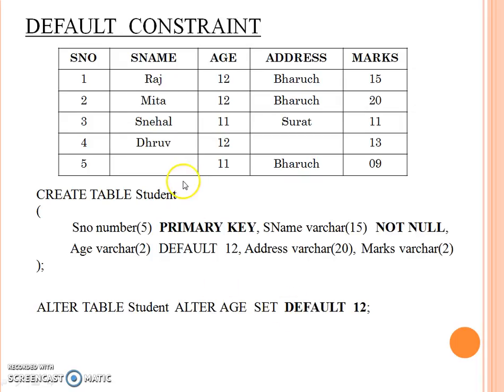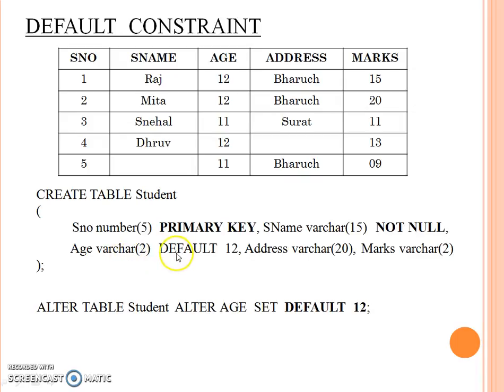The last constraint which we have is the default constraint, to use if we miss out entering a value for a particular column. If we have specified a default constraint, the value will be automatically inserted and the record would be updated. So the default constraint would be specified at the time of creation in this way.